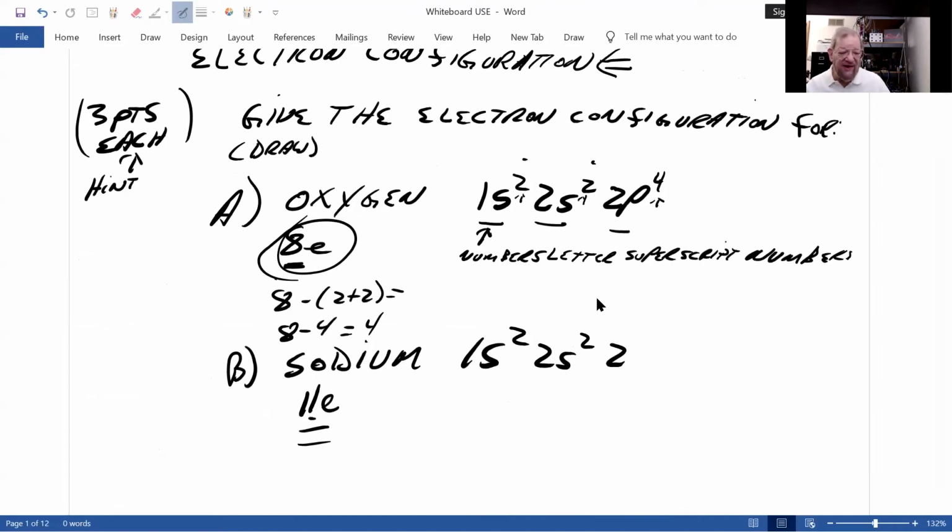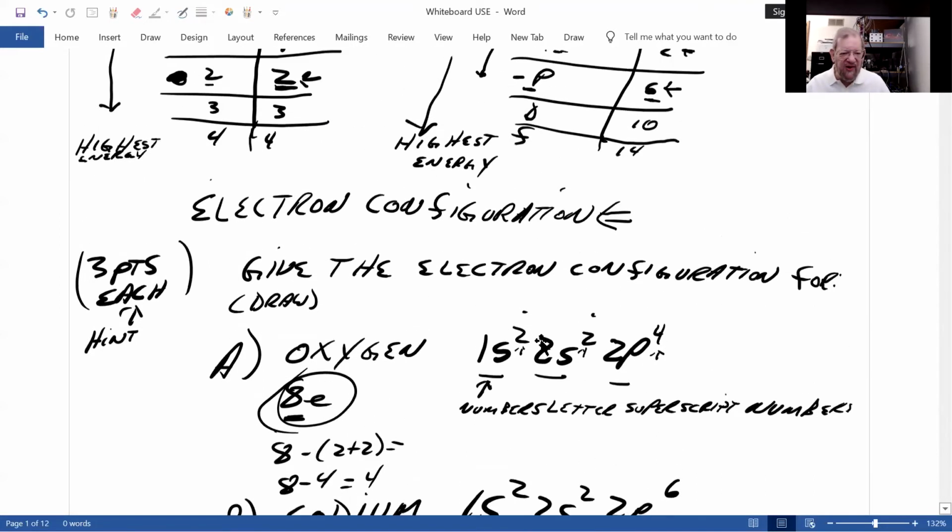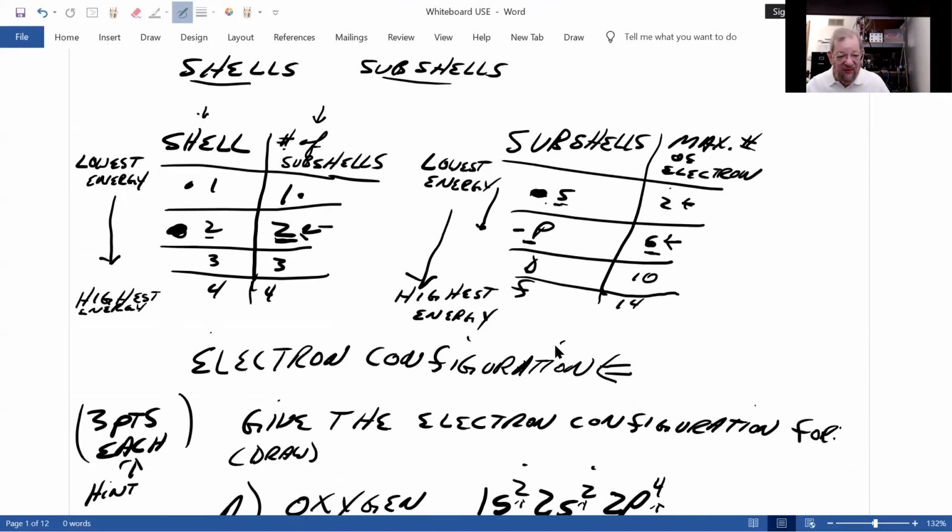I have 7 to go, so I can definitely put in 6. 2 plus 2 plus 6 equals 10. 11 minus 10 means I have 1 more electron to go. Well, how many subshells does shell 2 have? 2, 2p and 2s. And we fill them up.